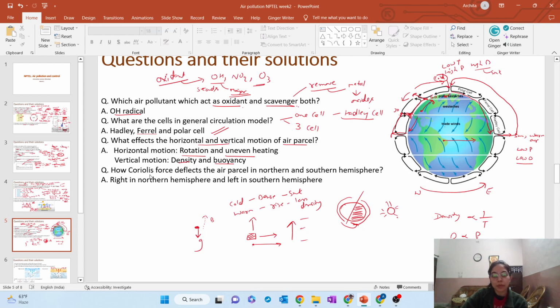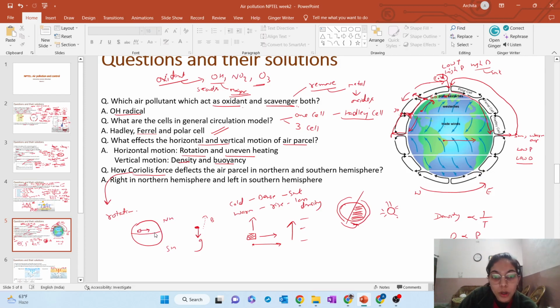Now, a very important force which helps in all of this is the Coriolis force. Okay, so this is a force which acts due to the rotation. So let's say this is Earth, and this is the northern hemisphere, this is the southern hemisphere. Now a parcel is moving from this end to this end.